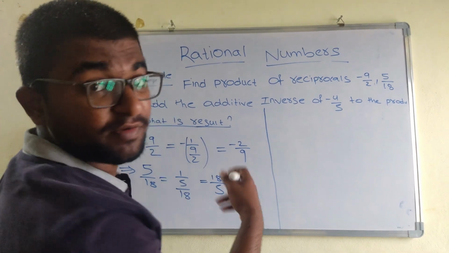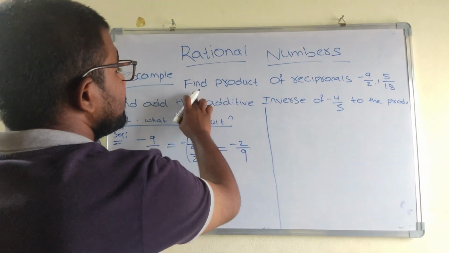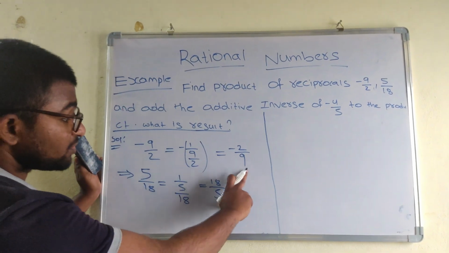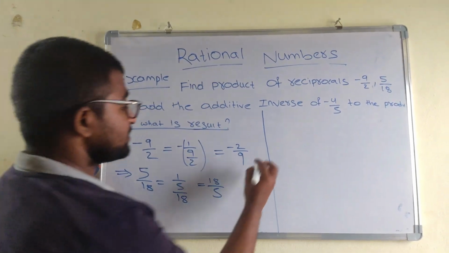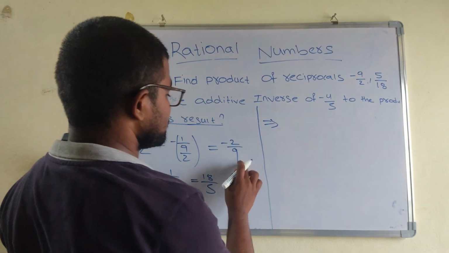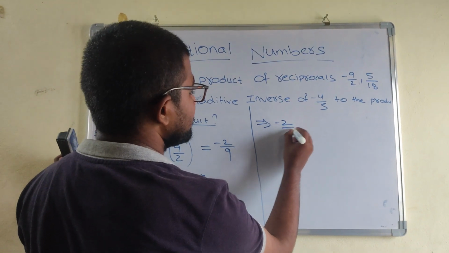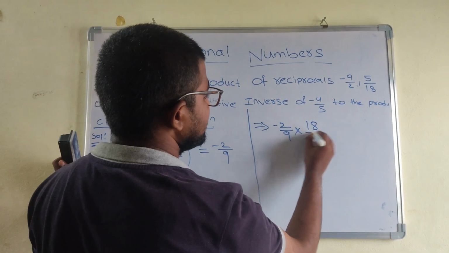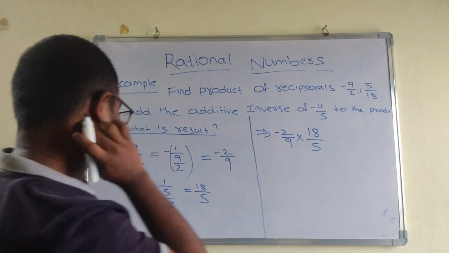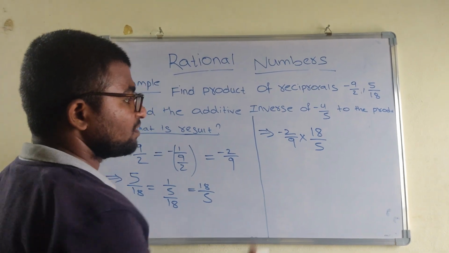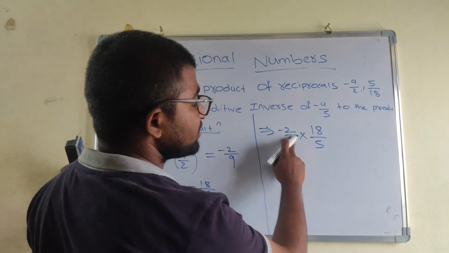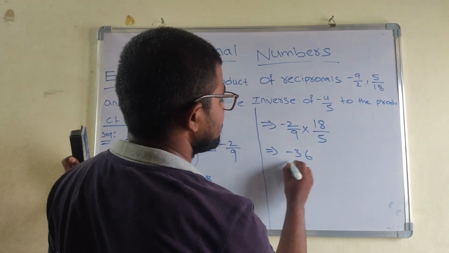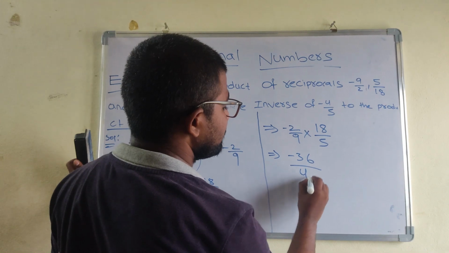Next, what do we need to find? We need to find the product of these two reciprocals. That is minus 2 by 9 into 18 by 5. That gives minus 36 by 45, since 5 nines are 45.